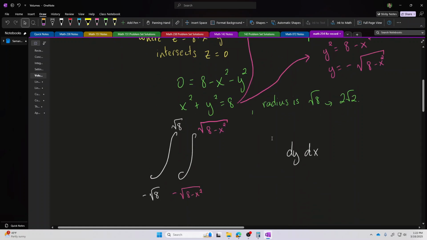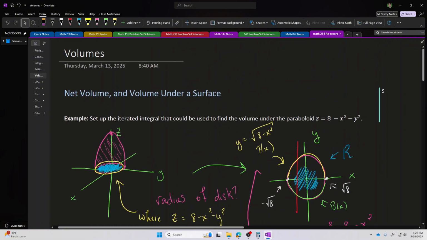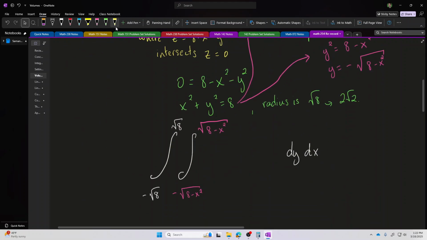Finally, the only thing left to fill in is the integrand, which is the function that I am integrating in the center of this problem. And since I'm trying to find the volume under this paraboloid specifically, the function that I would integrate is the paraboloid itself, which had the formula 8 minus x squared minus y squared.